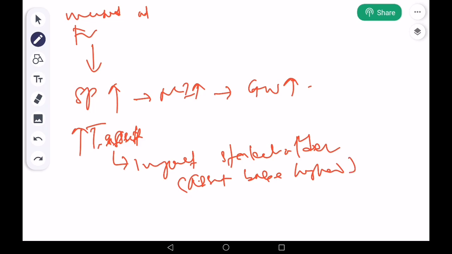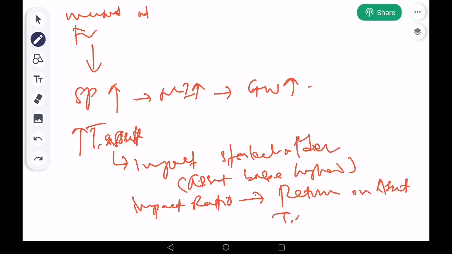However, it will impact ratios such as return on asset, because of what? When total asset is higher, your denominator will be higher.